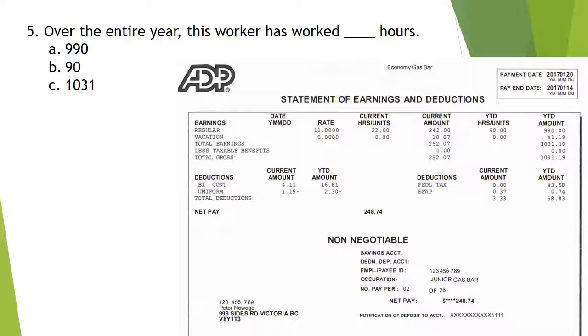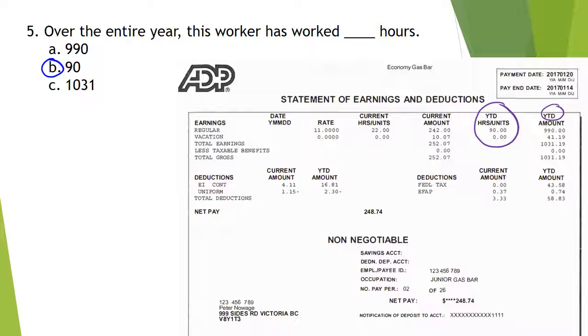To figure out how many hours this person has worked over the entire year, we're going to have to go to one of these year-to-date columns. And because we're asked about the number of hours, we're going to go to the one that says year-to-date hours or units. In this case, the units are hours. So the worker has worked 90 hours, that's choice B. 990 is the amount of money they have earned based on their wage multiplied by the number of hours they have worked.